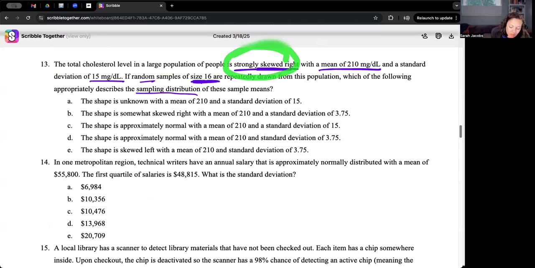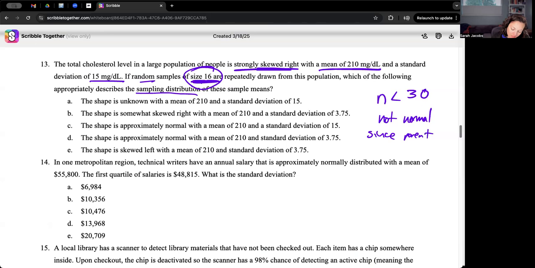It's going to go from strongly skewed right towards normal, but not all the way to normal because the sample size is less than 30. So because the sample size is less than 30, not normal since the parent population isn't normal.